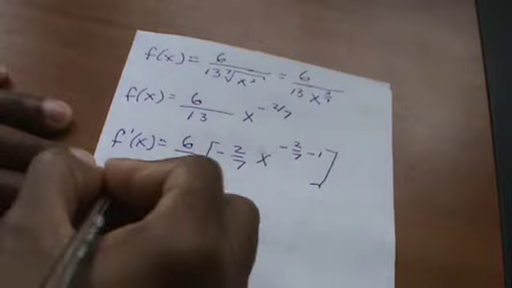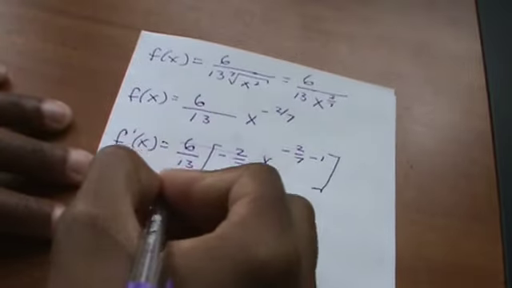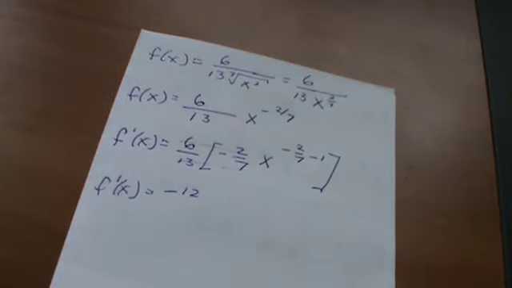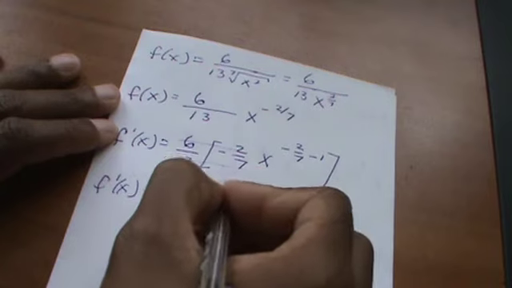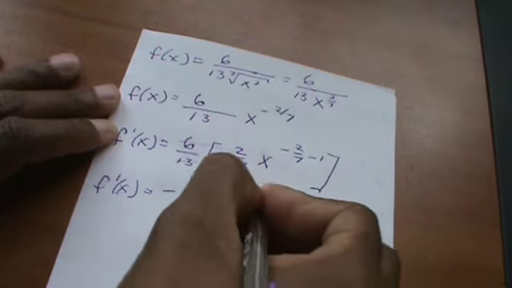So then f prime of x equals, let's see, multiply straight across, negative 12. Multiply here straight across, 91. And we get x to the negative 9 over 7.